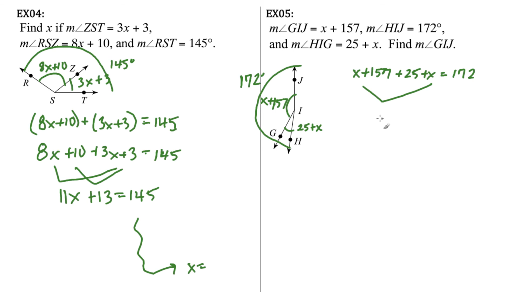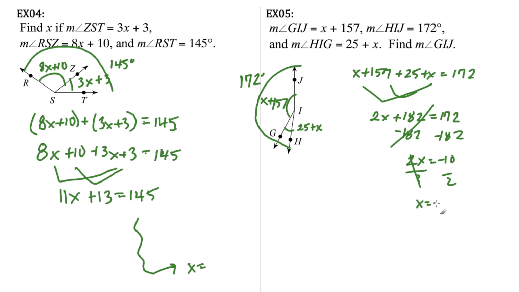And then here, let's solve for x. So 2x, and then we get 157 plus 25, 182, equals 172. Then we take away 182. 2x equals negative 10. We divide by 2. x equals negative 5. Now remember, though, that this problem over here, example 4, asked for x.